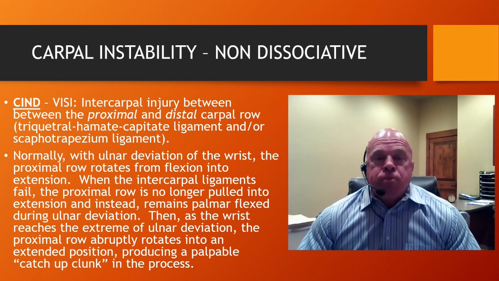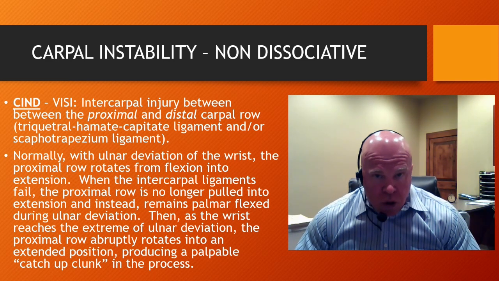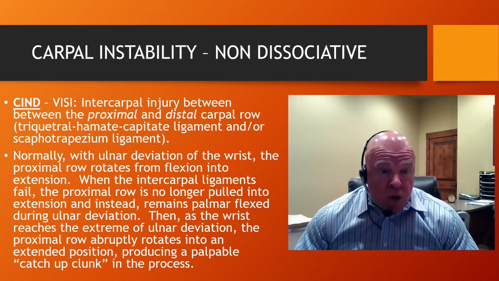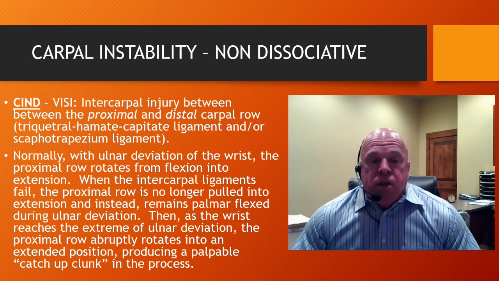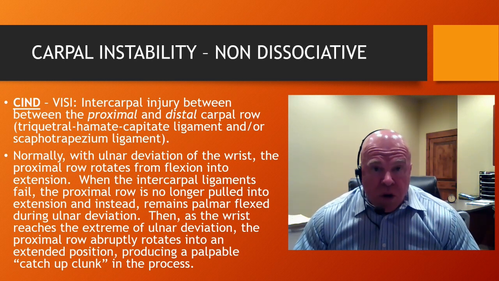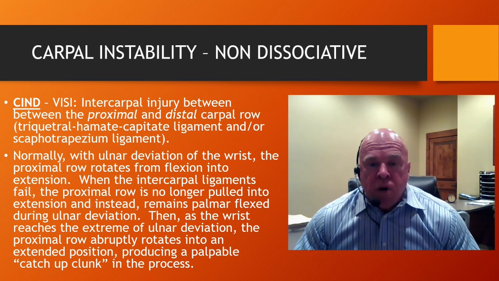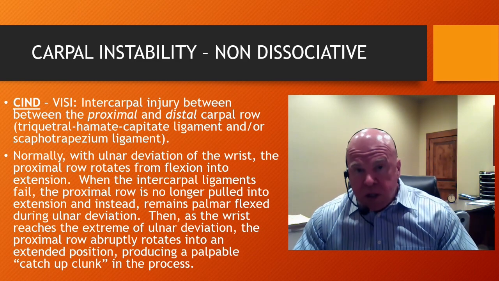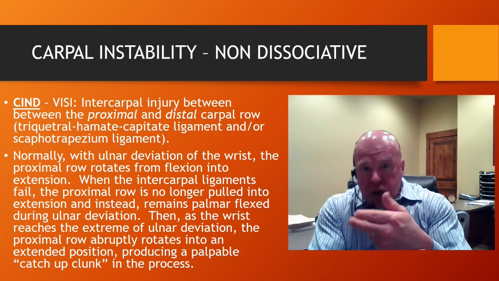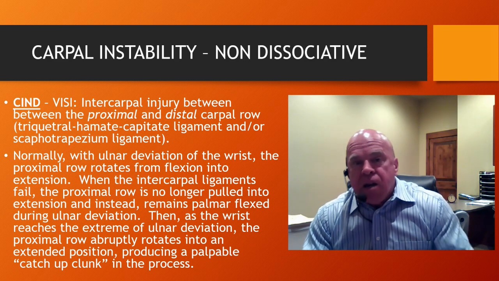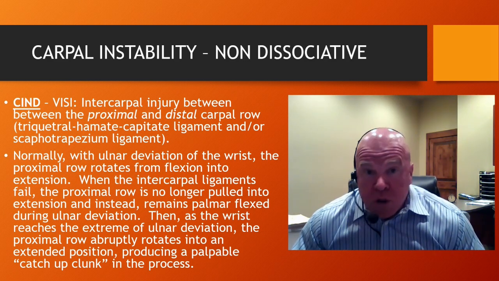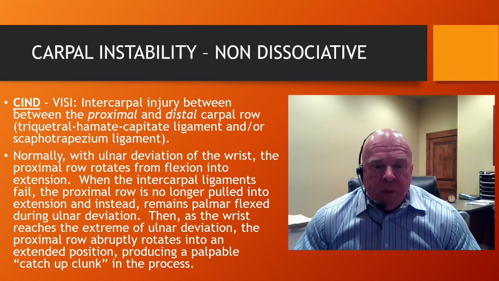Well, with injury to the intercarpal ligaments, such as the triquetral hamate ligament or the triquetral capitate ligament, these ligaments fail. When these intercarpal ligaments fail, the proximal row is no longer pulled into extension with ulnar deviation, because of a lack of restraint of the midcarpal ligaments.